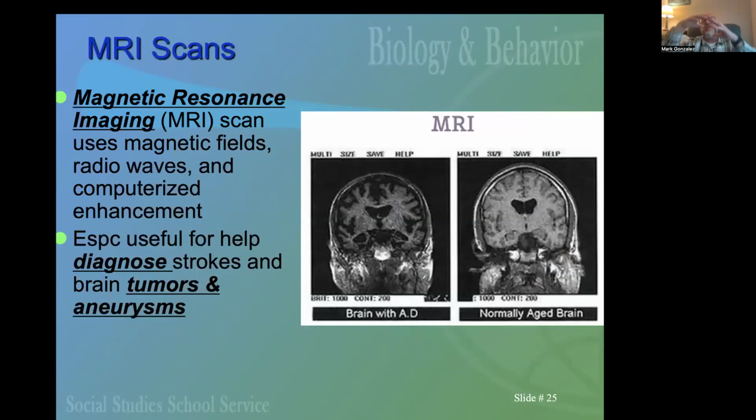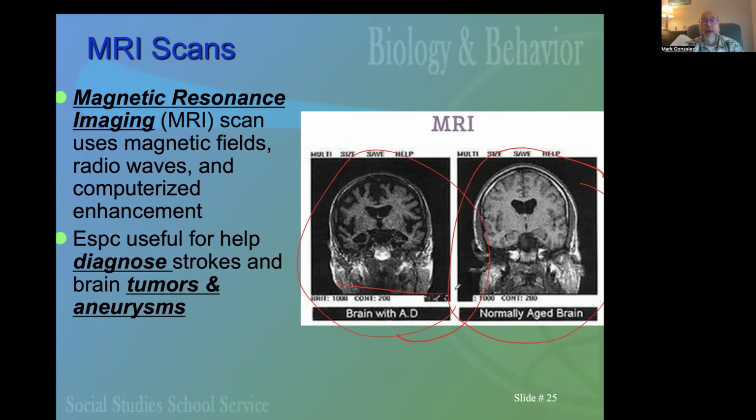MRIs use magnetic fields, radio waves, and computerized enhancement, and they're especially useful in diagnosing if somebody's had a stroke, if there's a brain tumor, or even an aneurysm. So you can actually see these here.